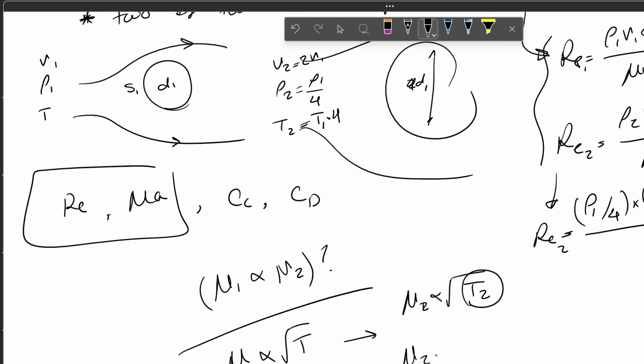So viscosity at 2 is related to the square root of 4 T1, so 2 times the square root of T1. What is the square root of T1 related to?